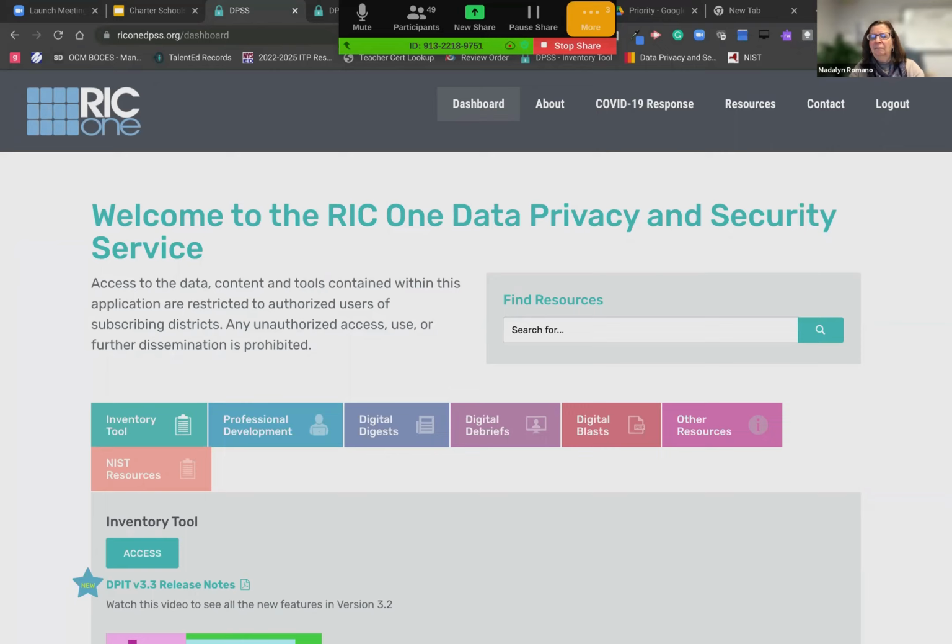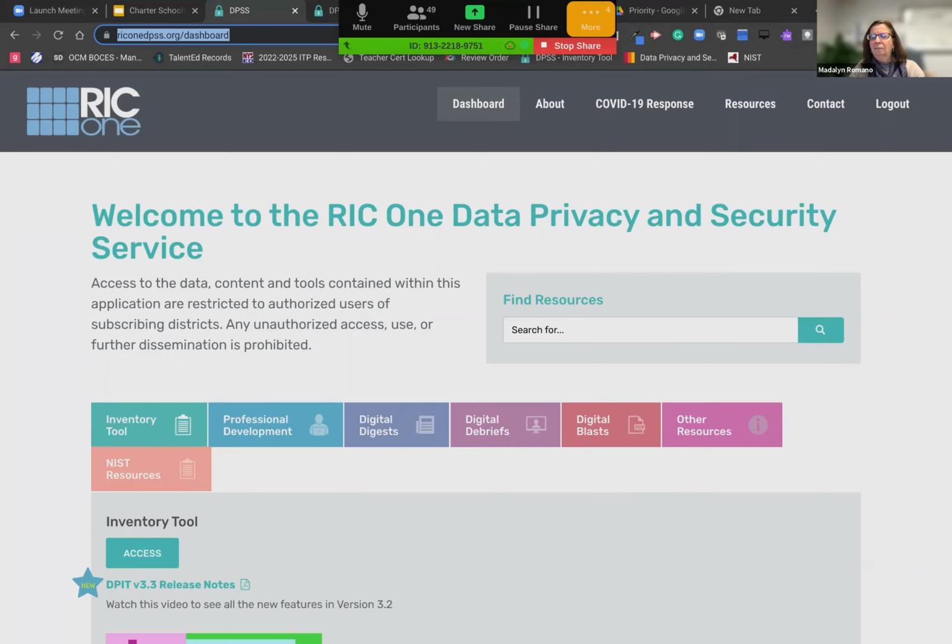Before I get into the actual formal presentation, I wanted to show you this website. This is our RIC 1 website, and the way this service is set up is we have both paid for and free resources for districts in New York State.